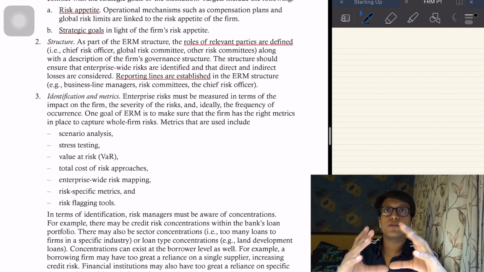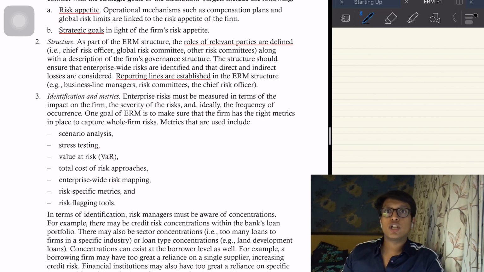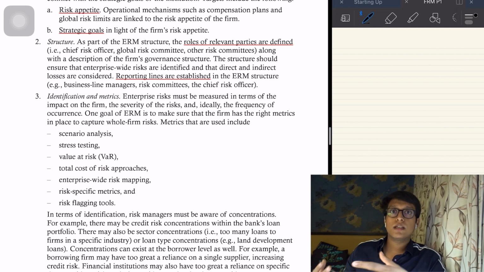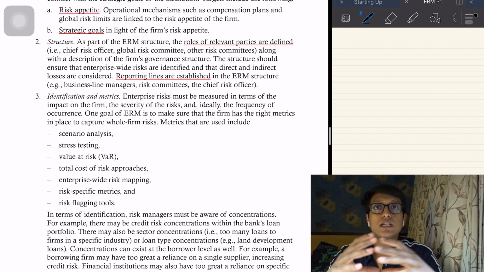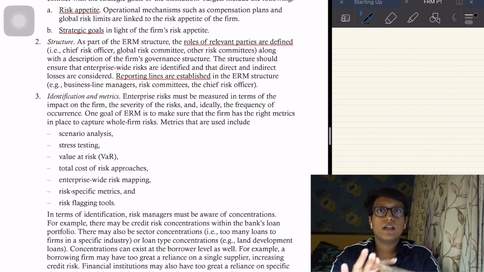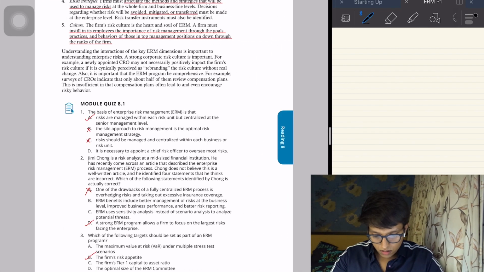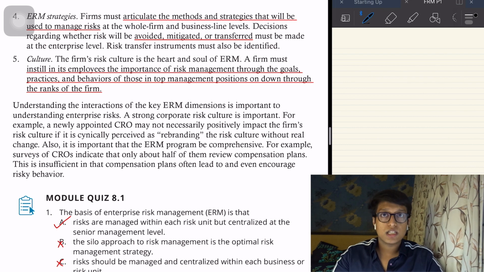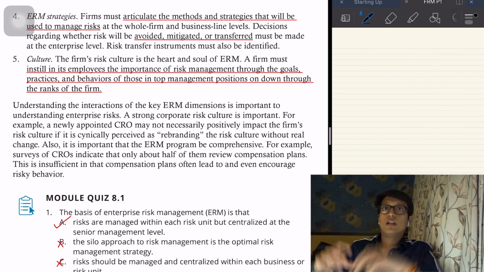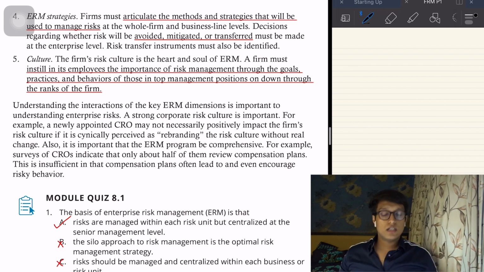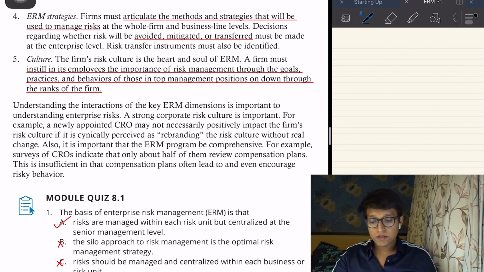For enterprise-wide reporting, they might calculate it individually for their own purposes, but for the enterprise-wide system there will have to be unity. Then strategies are built on a top-down level, and then they trickle down into individual divisions as well. The last one is the firm's risk culture.